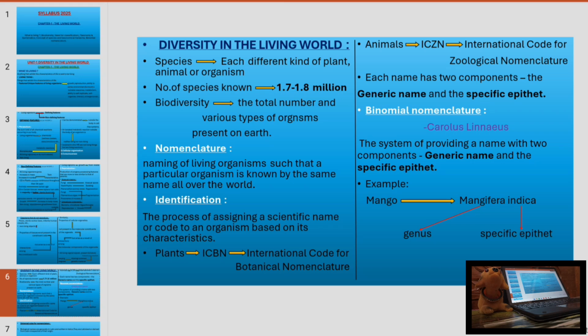It is given by Carolus Linnaeus, the system of providing a name with two components, generic name and the specific epithet, is known as binomial nomenclature. For example, taking the example of mango, the scientific name of mango is Mangifera indica, and it has two components where Mangifera is the genus and indica is the specific epithet.